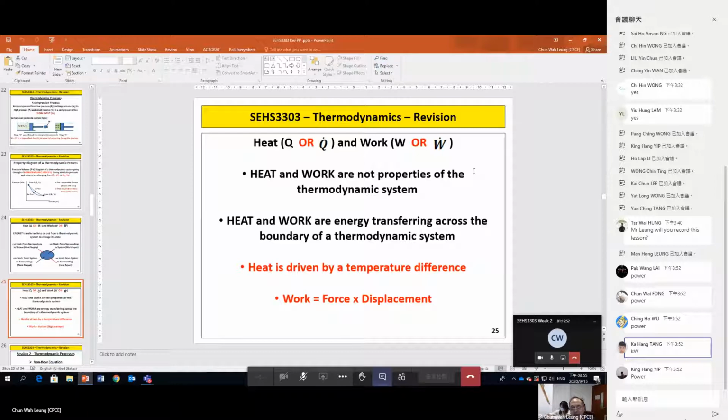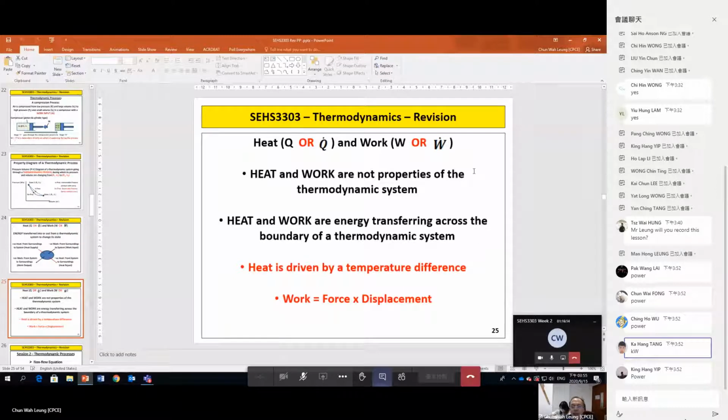That is, we link it up with time per second. Work, we use W to represent that. Put a dot onto the W, then it's a rate of work. Work per second, then we also call it power.